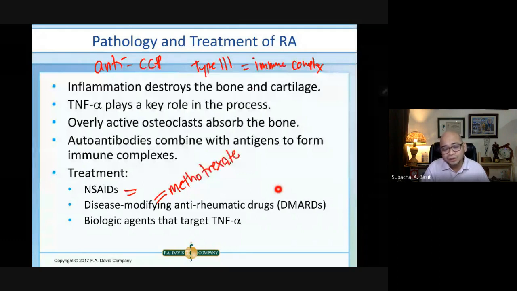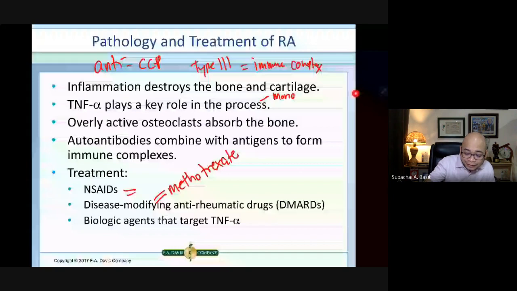Now, a while ago, I told you that alpha tumor necrosis factor plays a key role in the process and development of rheumatoid arthritis. Okay? There are biologic agents kasi that can actually target alpha tumor necrosis factor. The first biologic agent would be monoclonal antibodies.